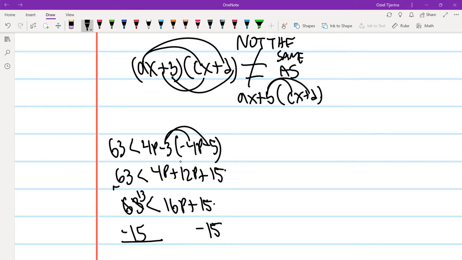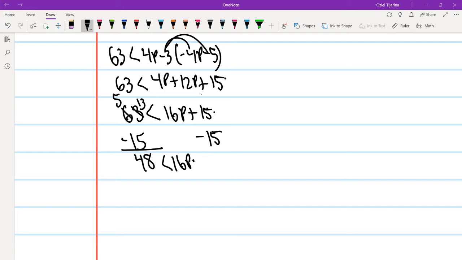Then you say 48 is less than 16p, and then you divide by 16, and you say that 3 is less than p, and again, you have to flip it over.